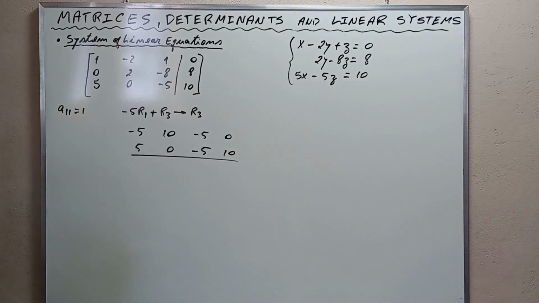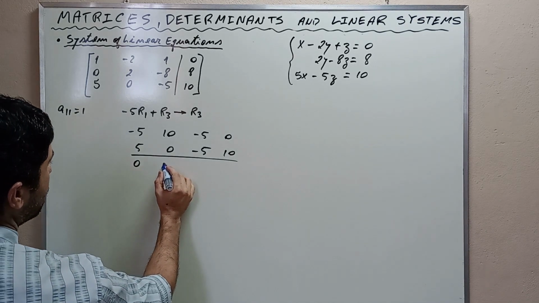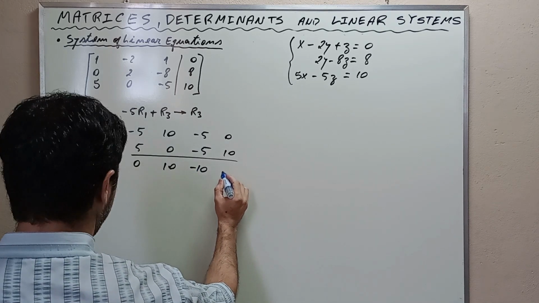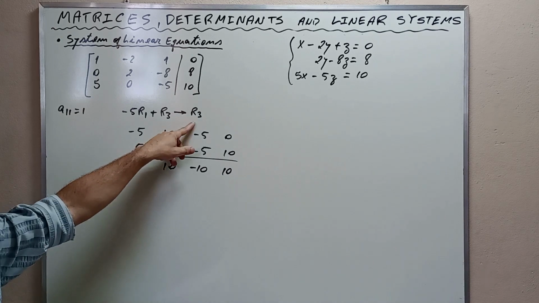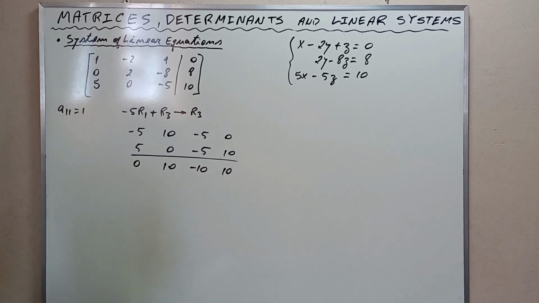And we simply sum 0, 10, negative 10, and 10. Before substituting, we can reduce it, okay?